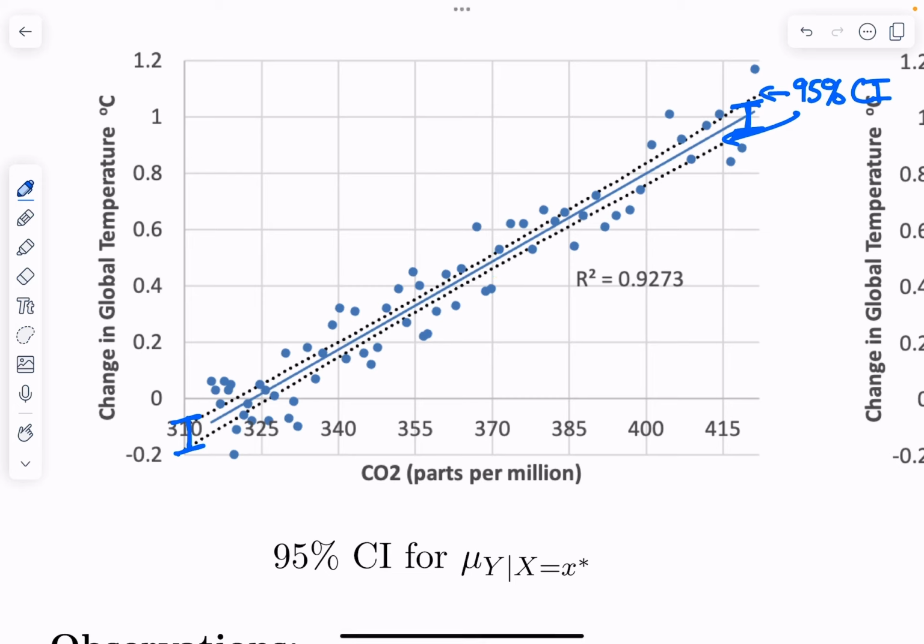That is a feature of this interval in that in the middle of our data set where we have more data surrounding our line, then we're going to have a better prediction for the sample mean. But as you go to the outsides of our data set, then the 95% confidence interval for predicting the mean is going to get wider.